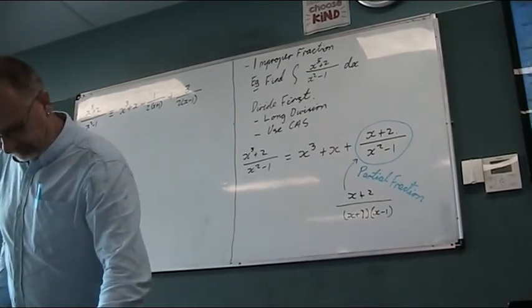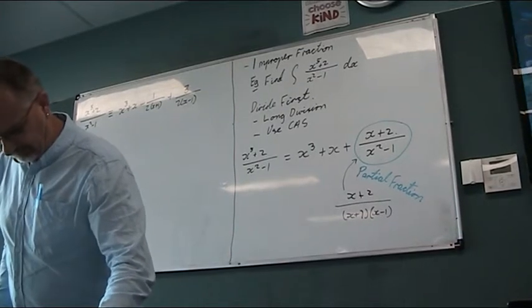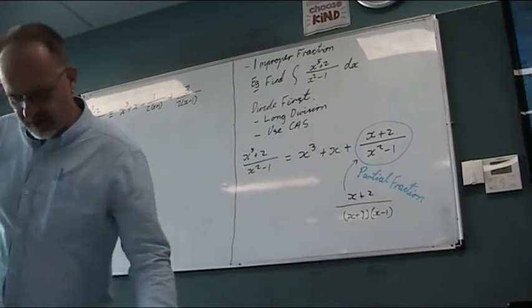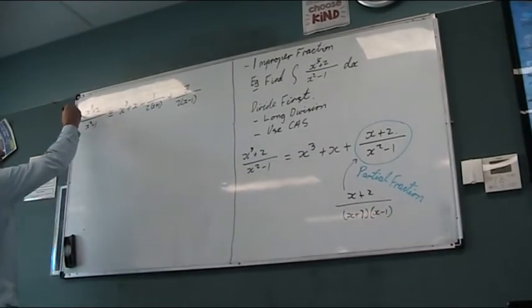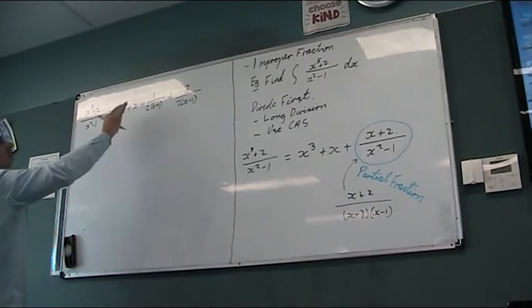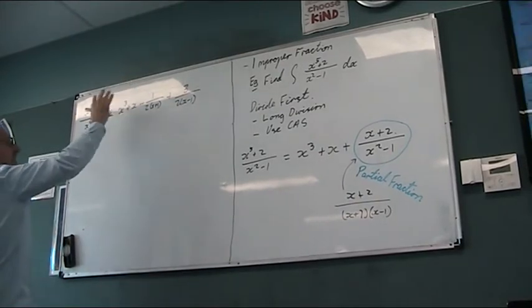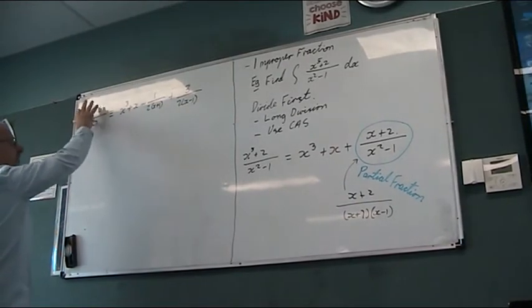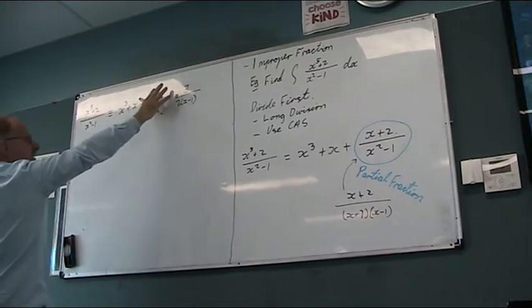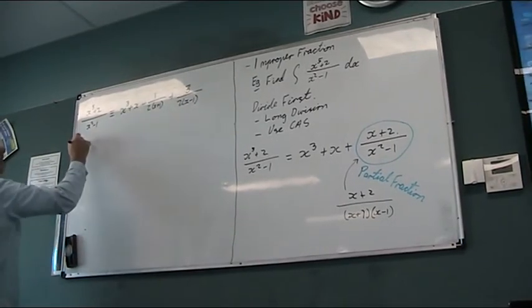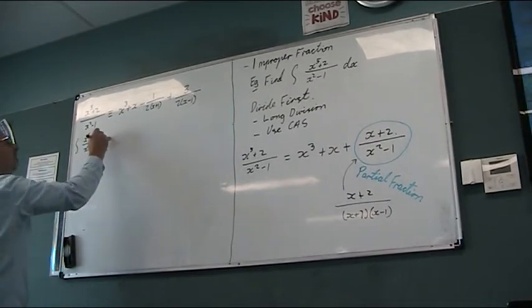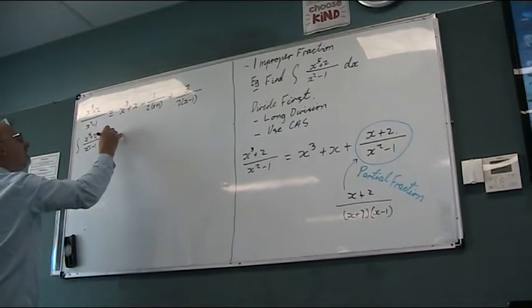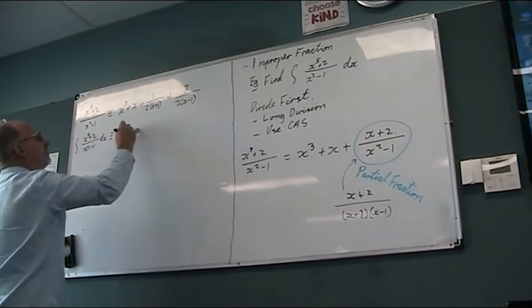So now let's do our antiderivative. Because these are equivalent, the antiderivative of this on the left would be the same as the antiderivative of what we've got on the right there. So the antiderivative of x to the 5 plus 2 over x squared minus 1 dx will be the same as the antiderivative of all this stuff.